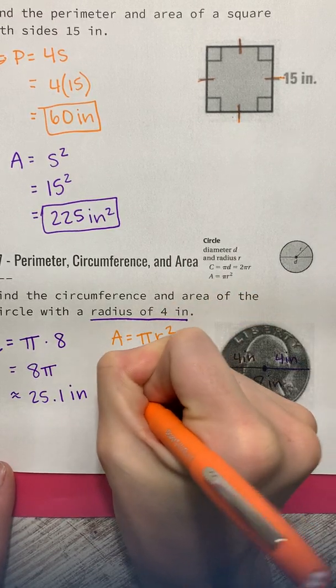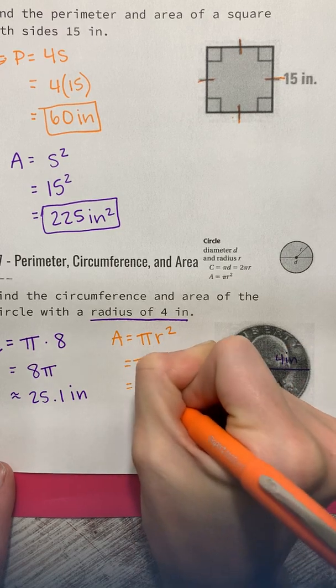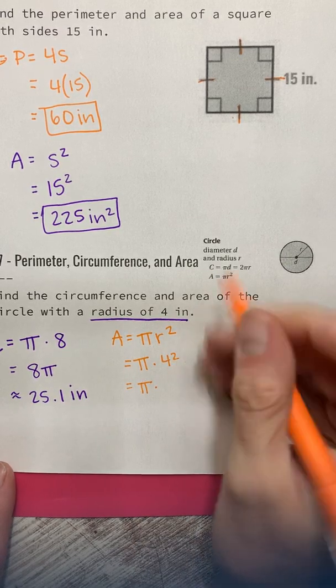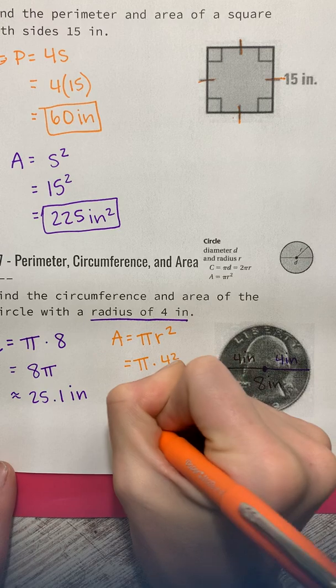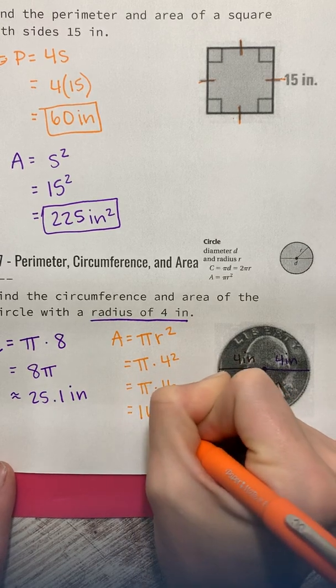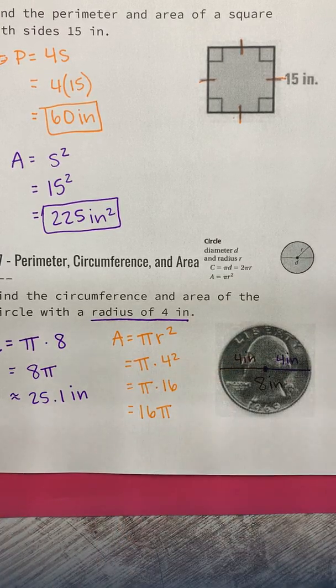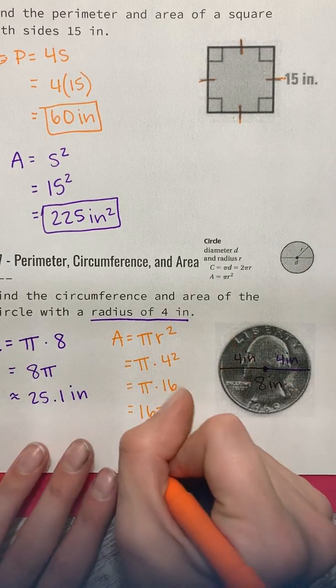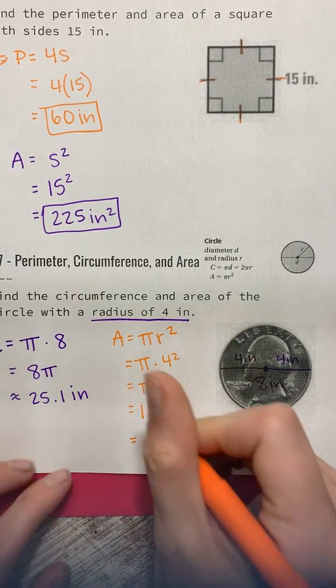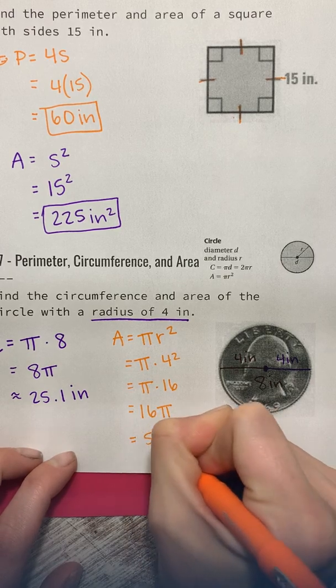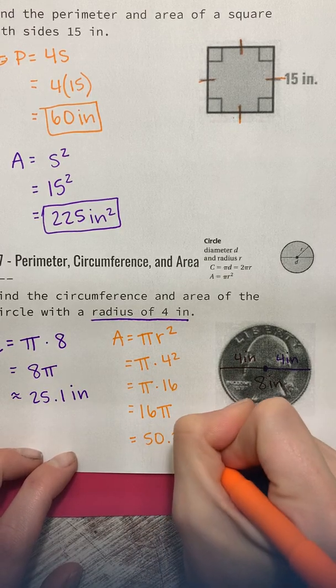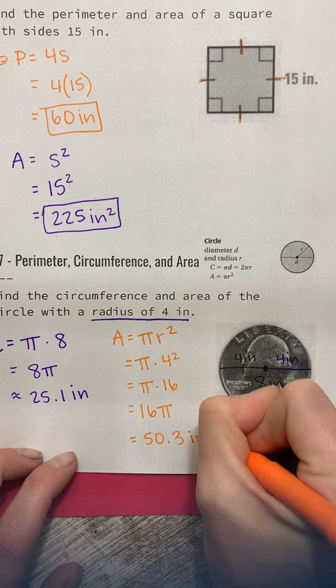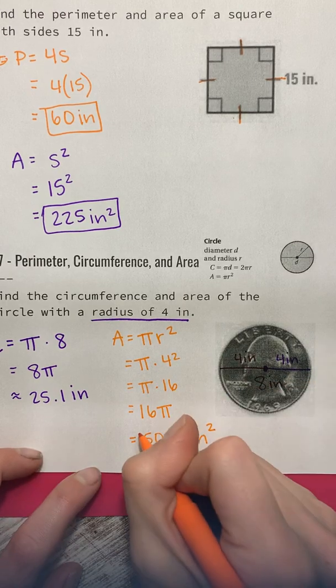So pi times 4 squared, which is pi times 16. Which leaves us with 16 pi. And then if we do 16 times pi in our calculator, that's going to give us 50.3. And then it's area, so that's going to be inches squared.